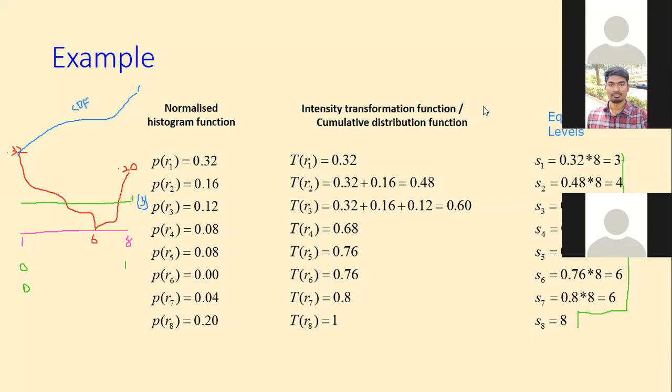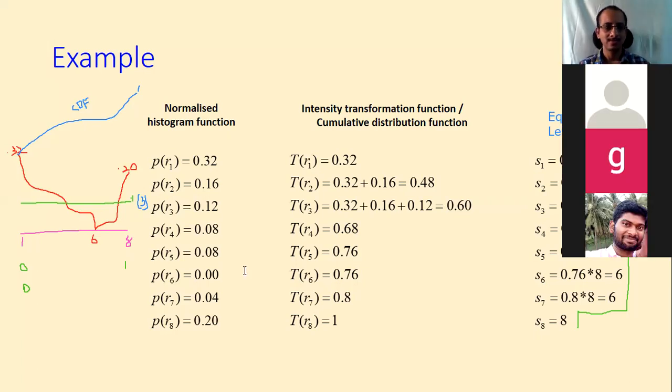Sir, we are taking a uniform distribution. For 8 levels there are 25 pixels in count, so approximately 3 pixels we will take, sir. We have to spread the pixels across the levels we are equalizing, just spreading from 1 to 8.